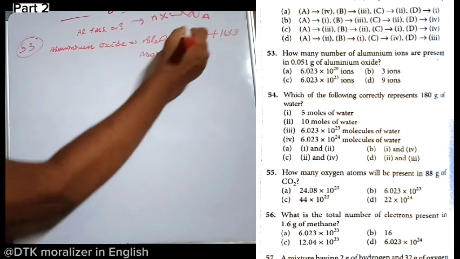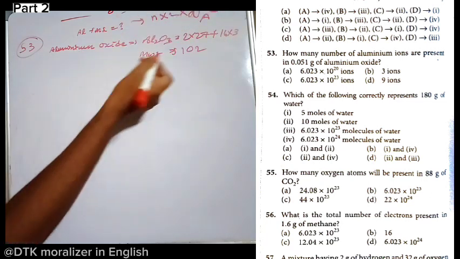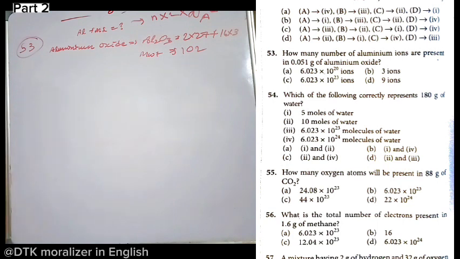So the number of aluminum ions is equal to N into number of ions into Na. Here there are 2 aluminum ions, so N into 2 into Na.